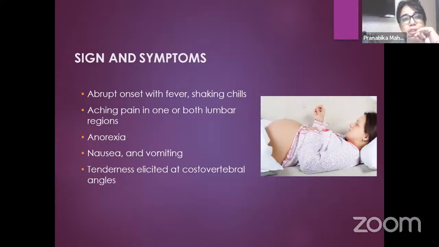In pyelonephritis, we will see abrupt onset of fever, shaking chills, aching pain in one or both lumbar regions, anorexia, nausea and vomiting, and tenderness elicited at the costovertebral angle. So if we get costovertebral angle tenderness, she is in a serious state of urinary tract infection.